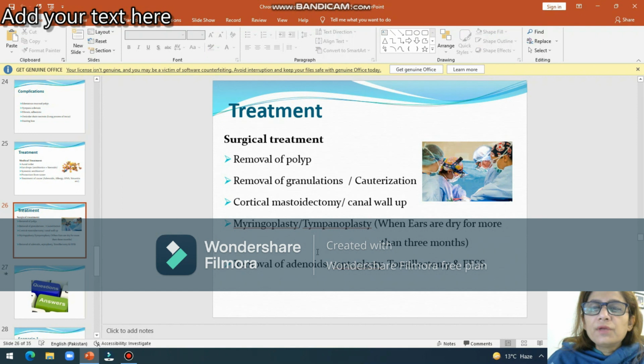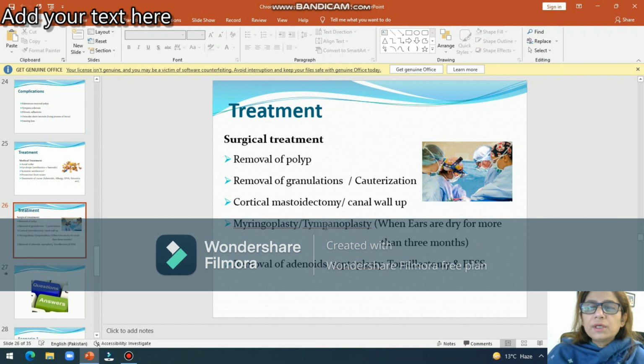After removing the infection, when the ear becomes dry, you will wait for 6 months, or at the time of operation you can also perform reconstructive surgery, that is myringoplasty and tympanoplasty. If only the tympanic membrane is damaged and the ossicles are intact, you will put a graft over the tympanic membrane, that is called myringoplasty.